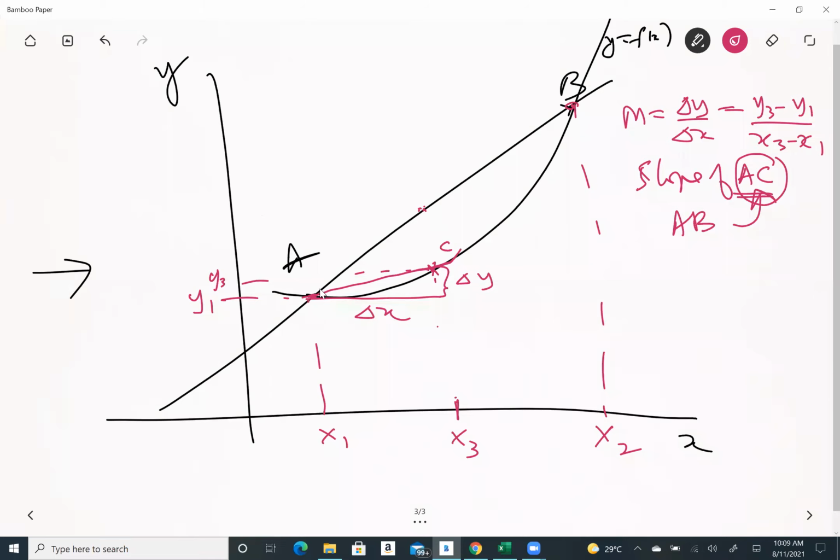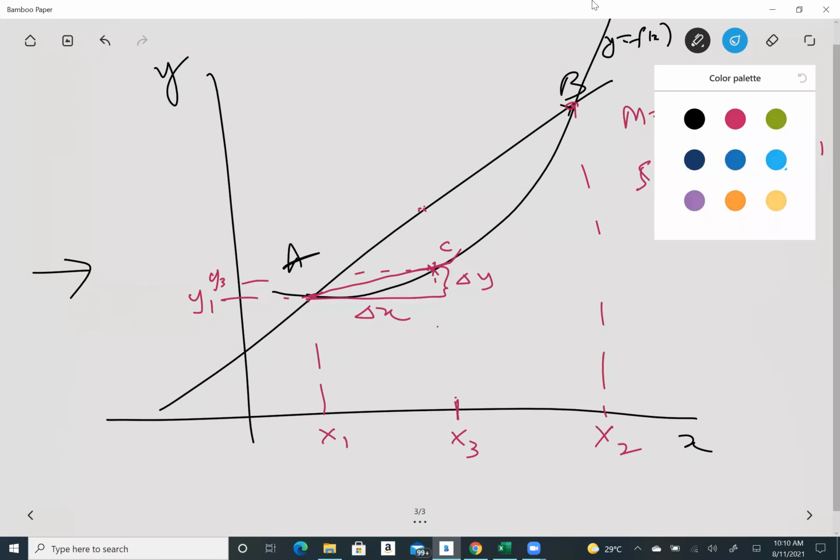You have the straight line AB over here and a straight line AC over there. What can you say about the straight line AB and straight line AC relative to the non-linear line?